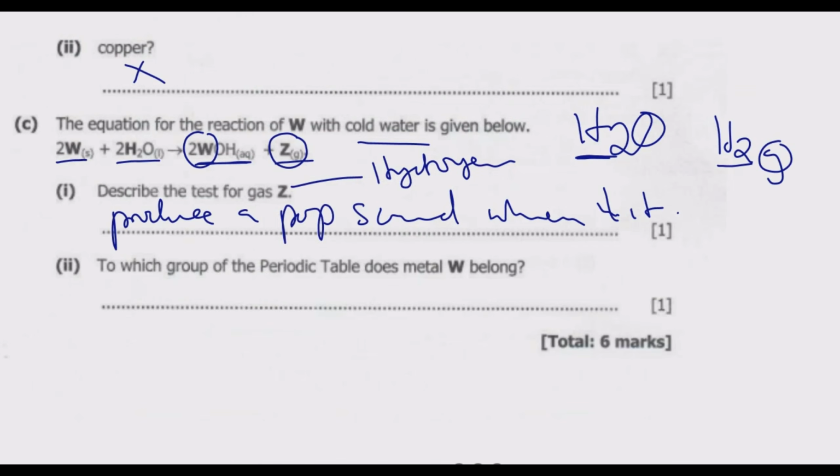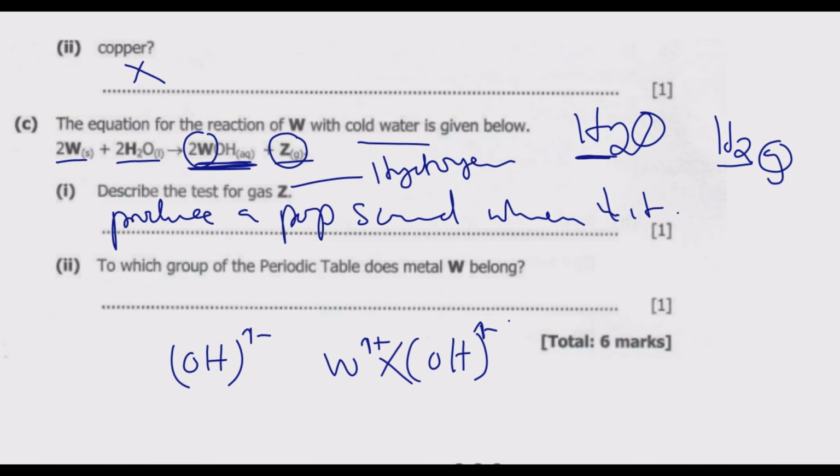The other way you can tell is that the hydroxide has a one negative charge, so W is a positive one, and the hydroxide is a one negative. When we balance the valence, we notice that this is group 1. So this is group 1 from the chemical formula.